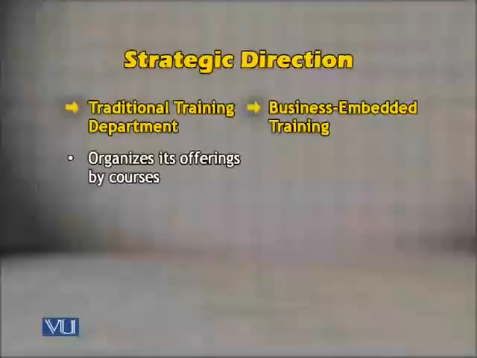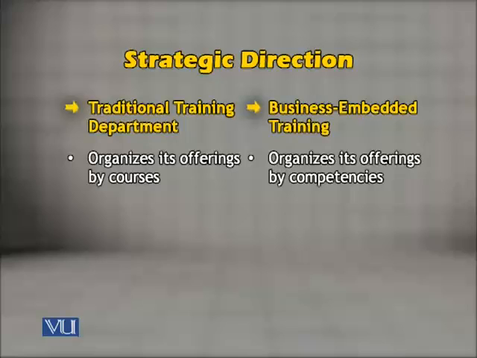Then one of the differences is that a traditional training department organizes the offerings by courses. That these are the different courses that they offer. Whereas a business embedded training model organizes its offerings by competencies. That these are the competencies that we will develop in your employees.